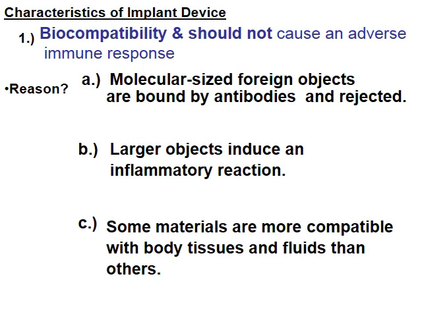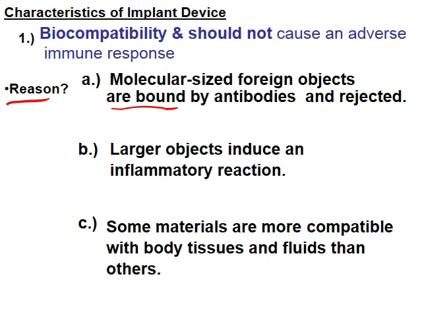Now, what characteristics must an implant device have? Obviously, it should be biocompatible and should not cause any adverse immune response. You need to be careful about this. Foreign objects in our body are usually bound by antibodies, and they're often rejected.